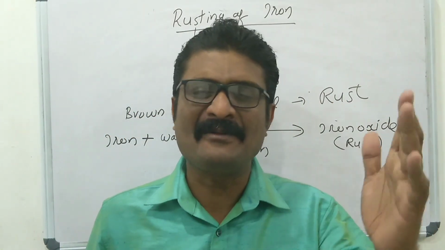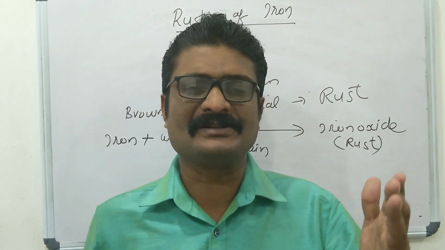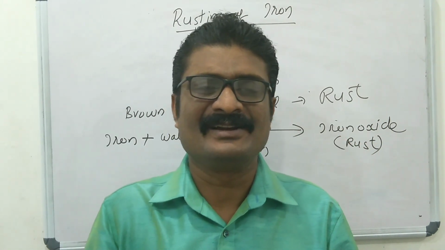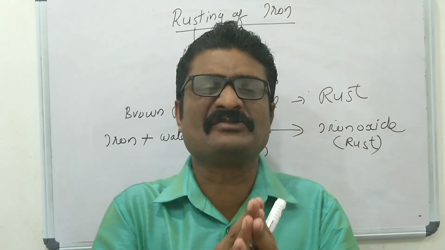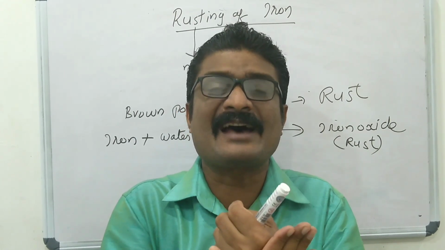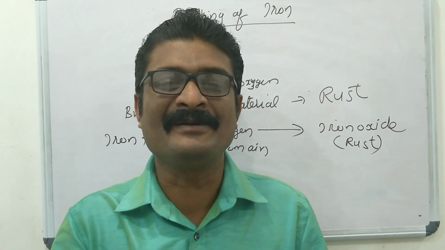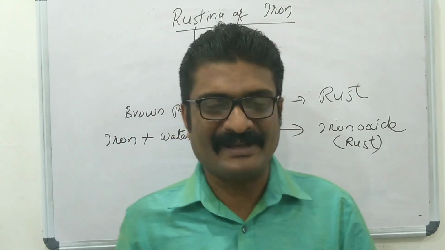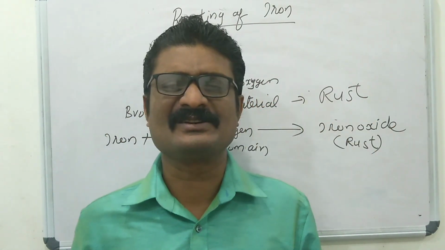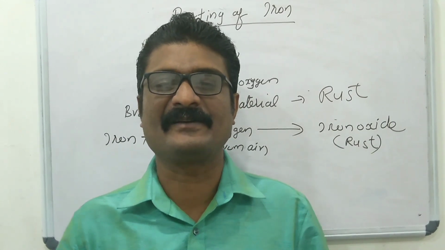Rusting can be prevented by not allowing moist air to come in contact with the surface of the articles made of iron. Let us study some important methods for the prevention of rusting.